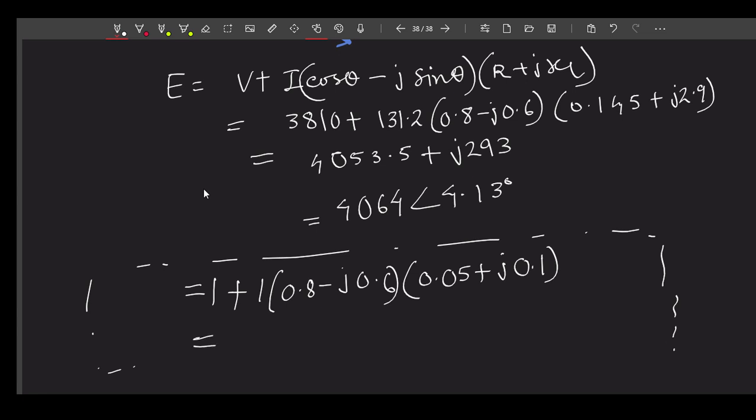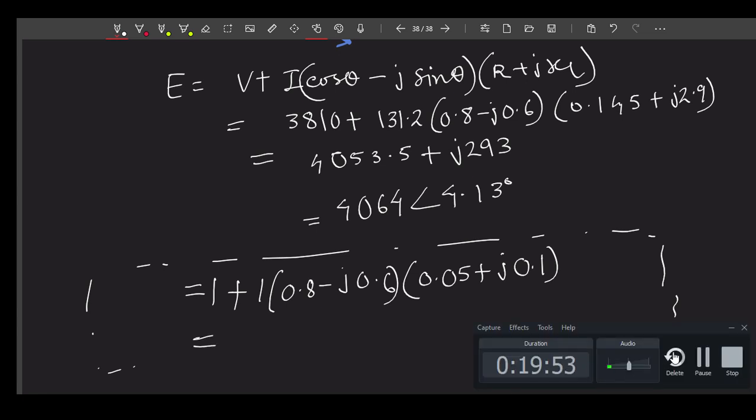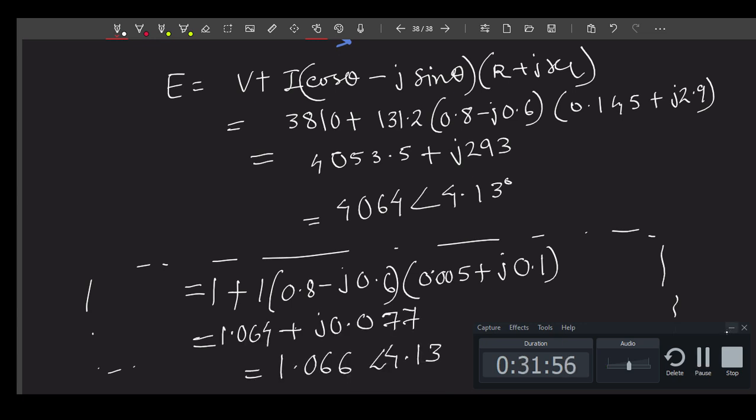So what we will get, just a minute, let me do the, okay, so since it gives us correct values, it's good that we are getting the correct values. Now, what we can do here is that we can check 1.066 into our base value 3810, how much we are getting.